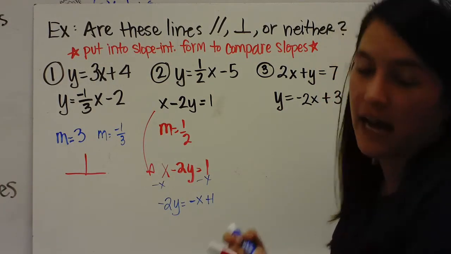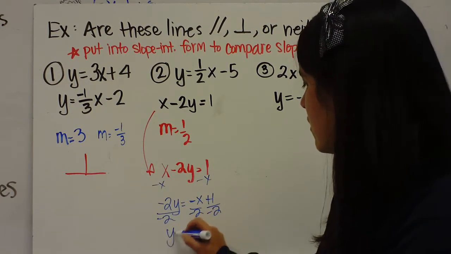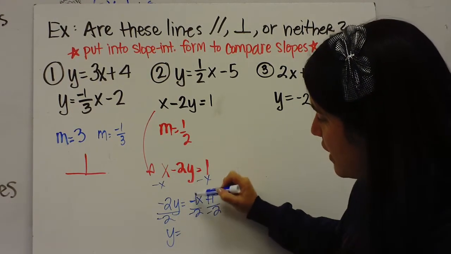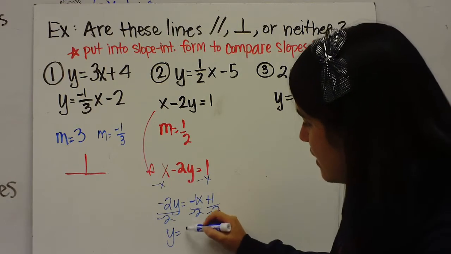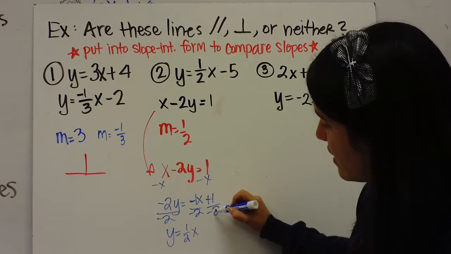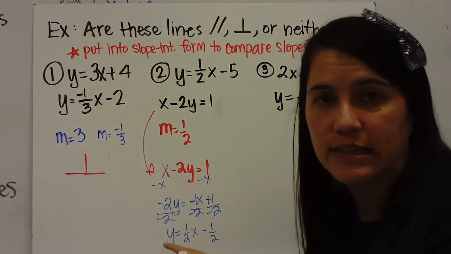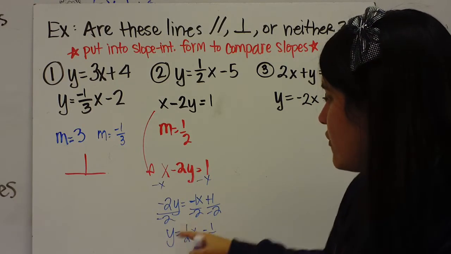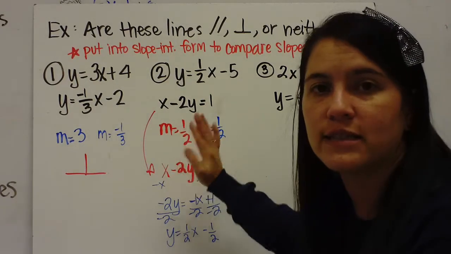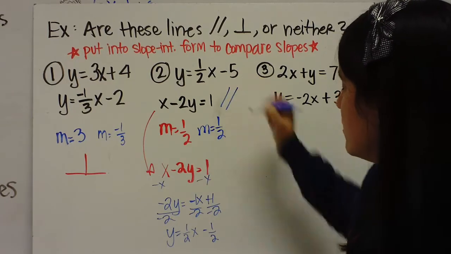Then I have to divide both sides by -2. This is a -1, right? -1 divided by -2. When you have two negatives, that's going to be a positive 1/2 x. And +1 divided by -2, that's going to be a -1/2. So now I have my equation as slope-intercept. My slope is 1/2. So I can come back up here and I can put my slope is 1/2. These slopes are the same, which means these lines are parallel.